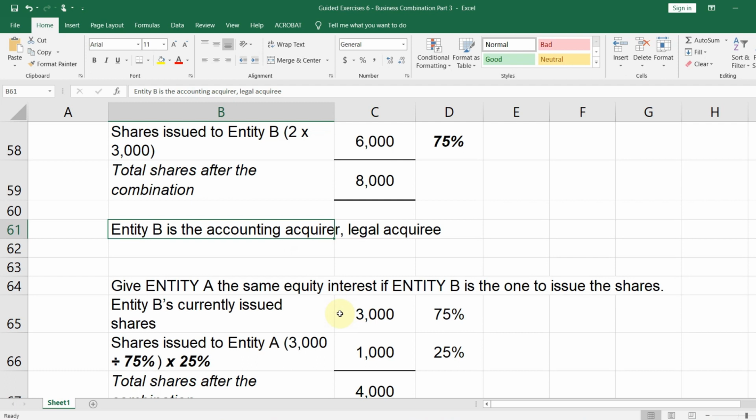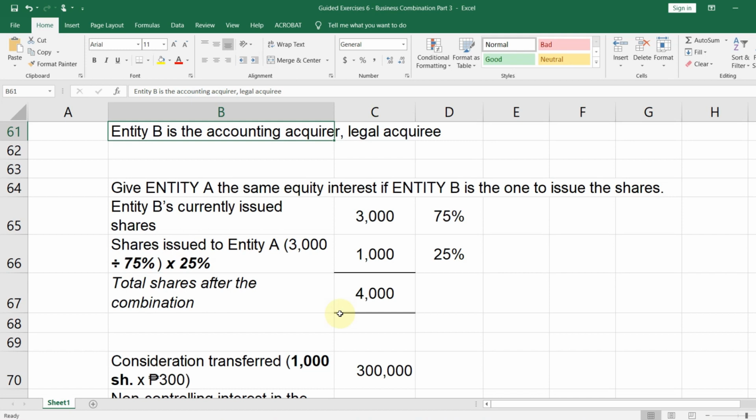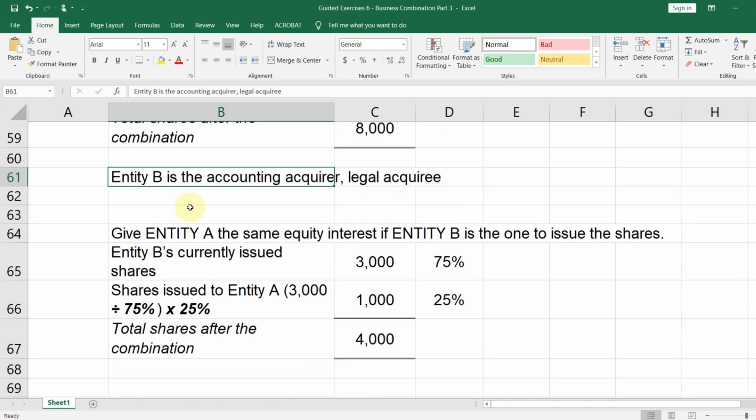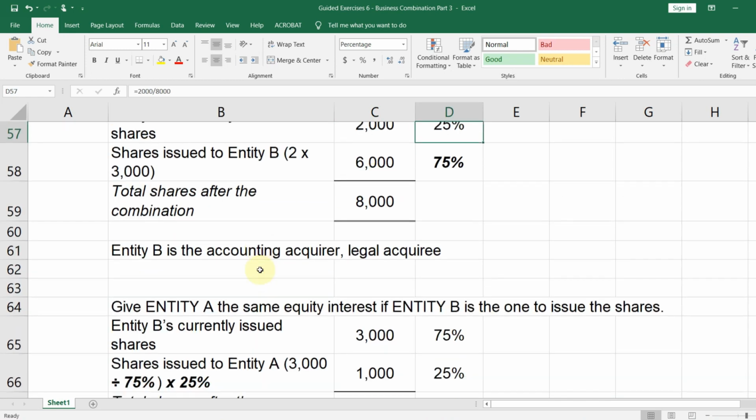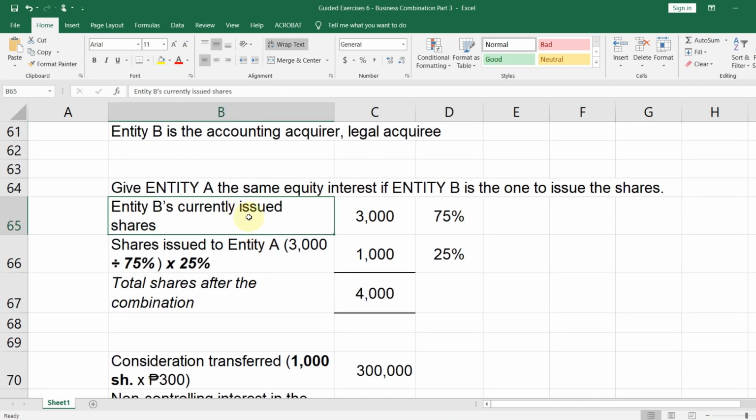Knowing that, next, to find the consideration transferred in computing the goodwill, we have to remake the story. What if entity B were the one issuing shares to give entity A 25% of the interest in the business combination? B currently has issued shares of 3,000.